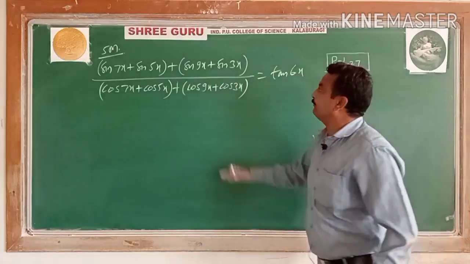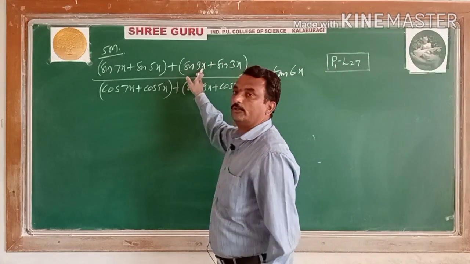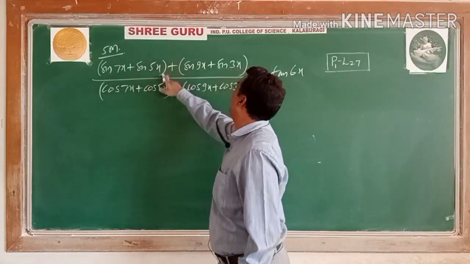He may give it without brackets, arranged in the order 9x, 7x, 5x, 3x.